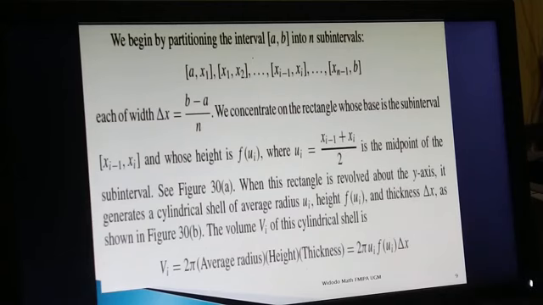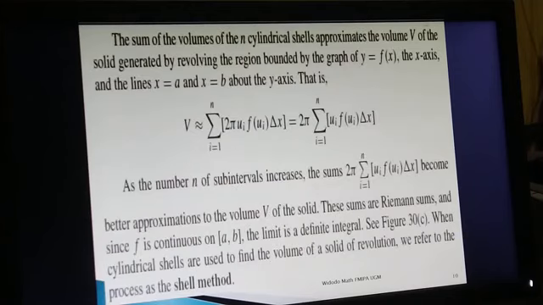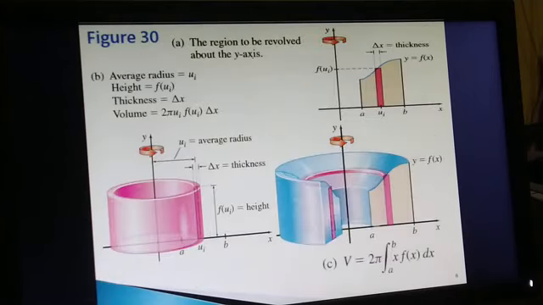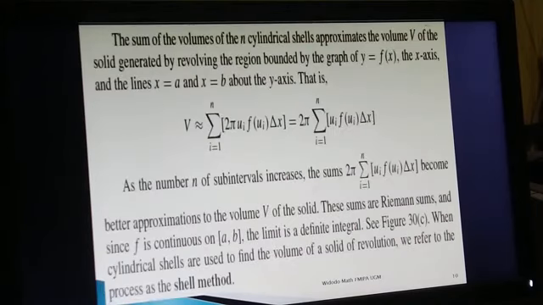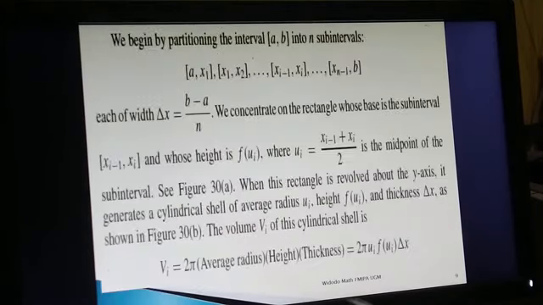By using the formula from before, the element of volume becomes 2 pi ui, where ui is in the middle of x(i minus 1) and xi, times the height. The height is f(ui); f(ui) replaces the height here.